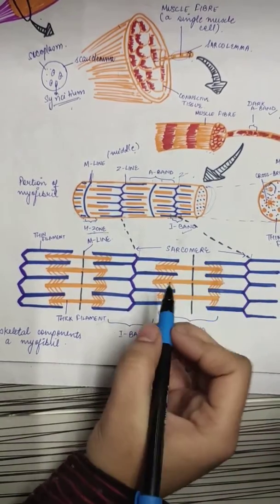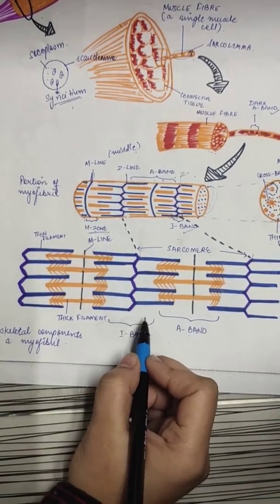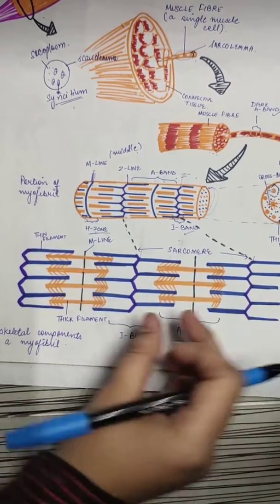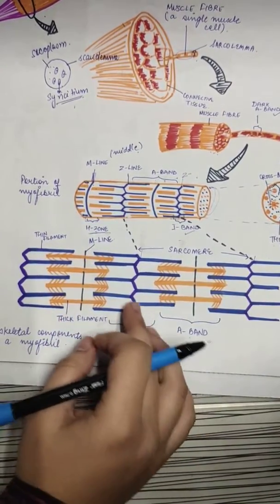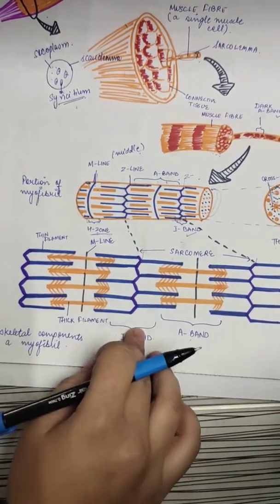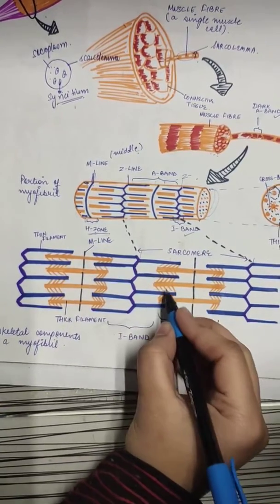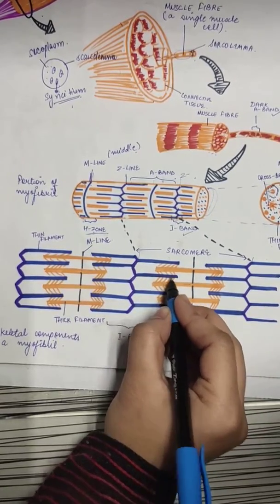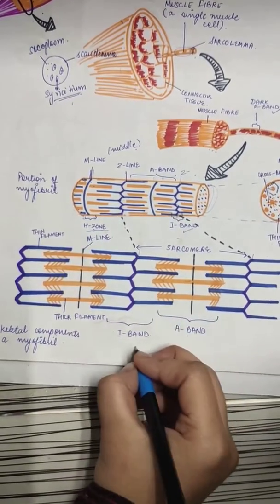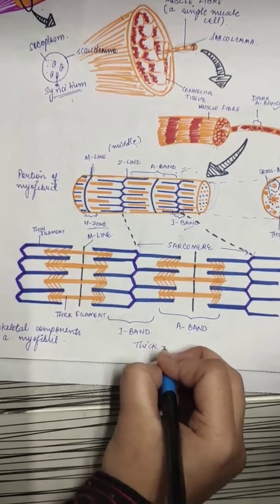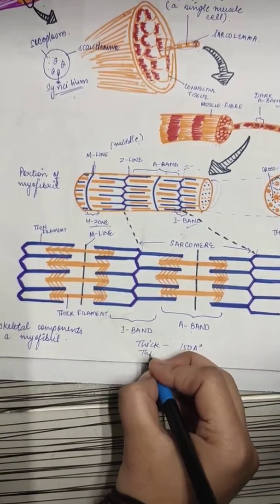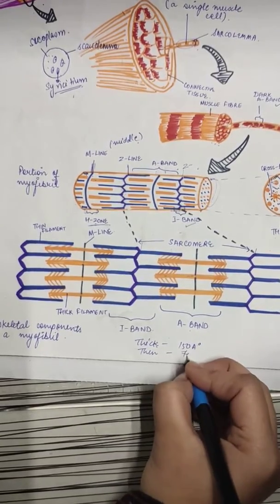The sarcomere contains the A band, the I band, the Z line, the thick filament, and the thin filament. The size of the thick filament is 150 angstrom and the thin filament is 70 angstrom.